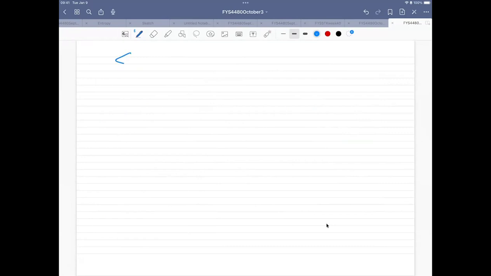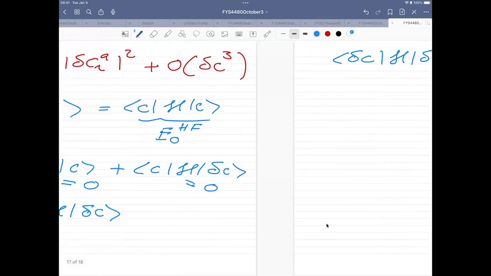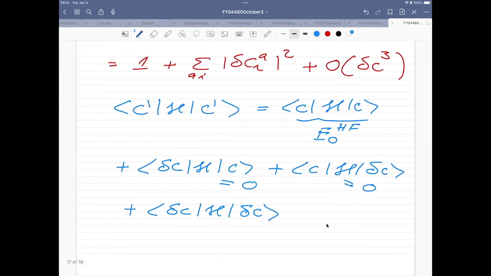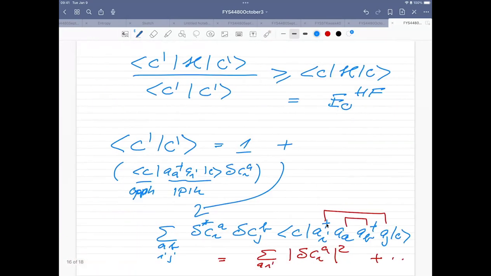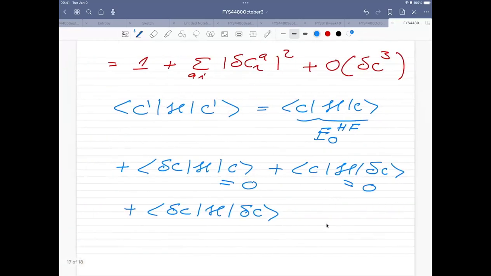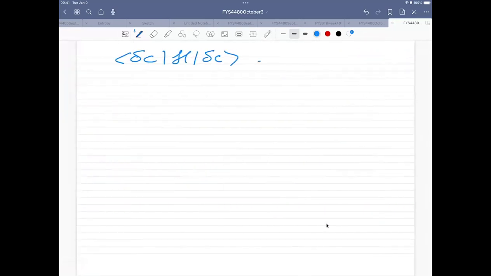This delta C, which I wrote out in a sloppy way, is actually not exactly equal to a delta C complex conjugate on the left and on the right, because if I look at my state C, it will contain higher order terms in delta C. So what I will get then is the following.